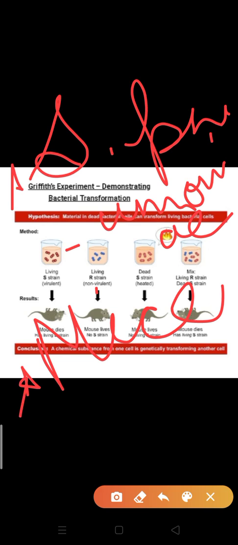The second thing he took for his experiment is mice. First one bacterium, second mice. These two things were used by Frederick Griffith.